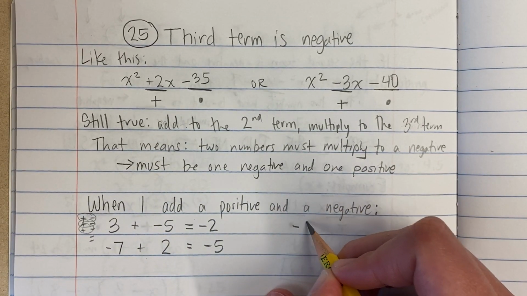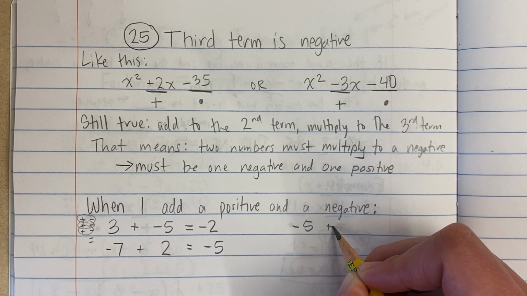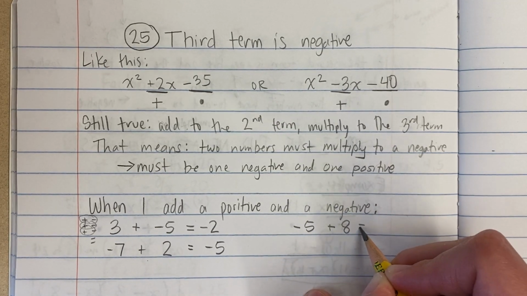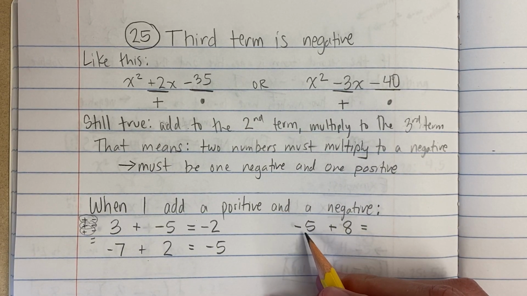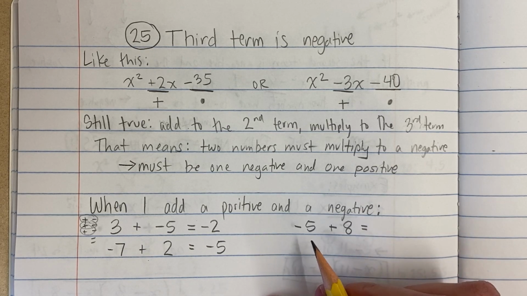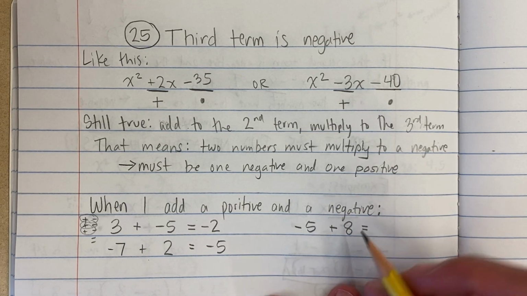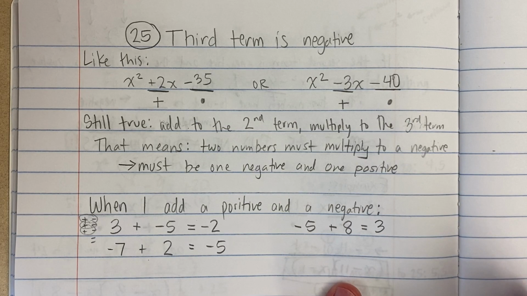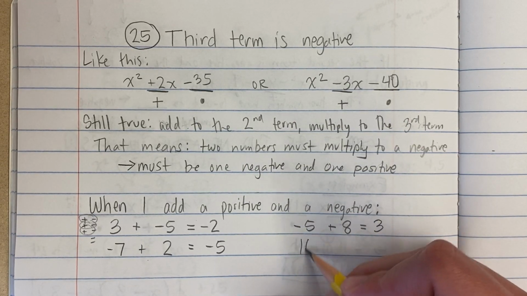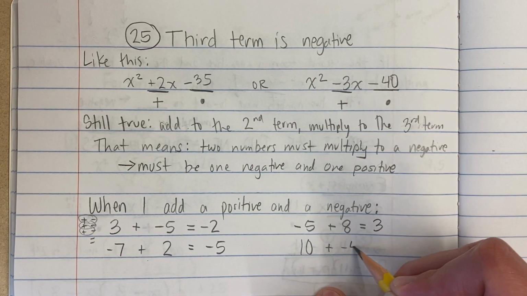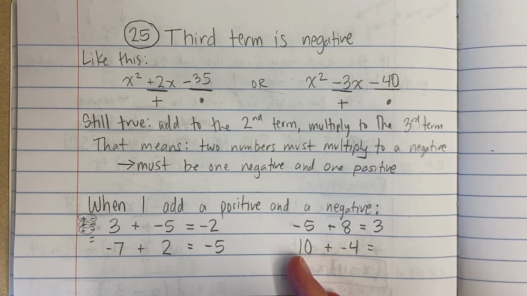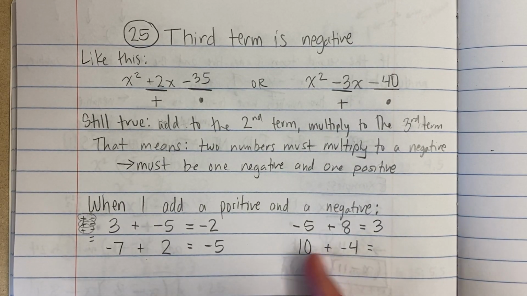What about if I had negative 5 plus 8? Well, in this case, there'd be 5 negatives and 8 positives. So the 5 negatives and 5 of the positives would cancel out, but I'd be left with 3 positives. Or what if I had something like this, 10 plus negative 4? I have 10 positives, and this is the same as 10 minus 4, right?